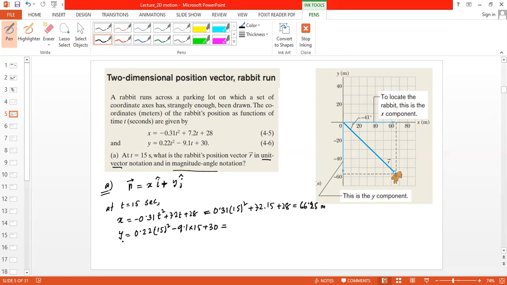What is the value for y? Can anyone tell me? Minus 66 is coming. 0.22 into 15 square is minus 66, right? And this one was plus 66.25.